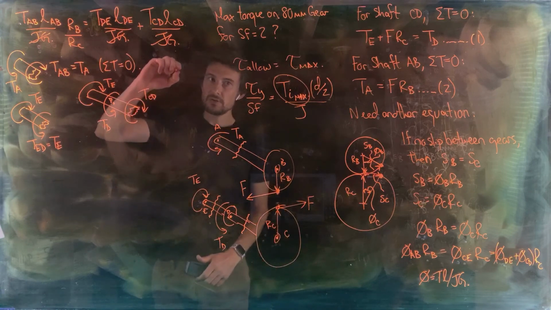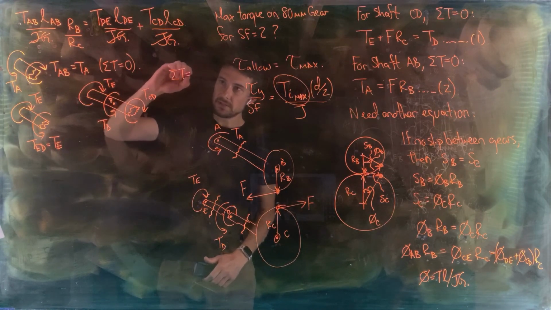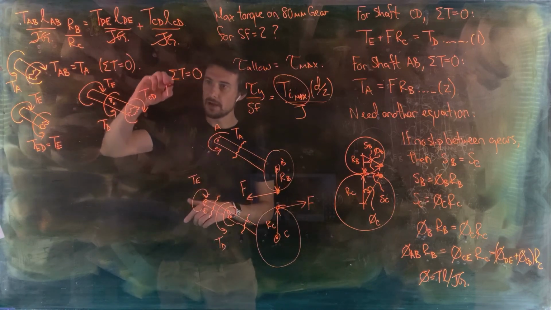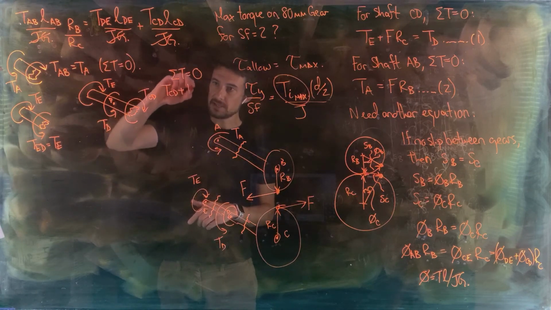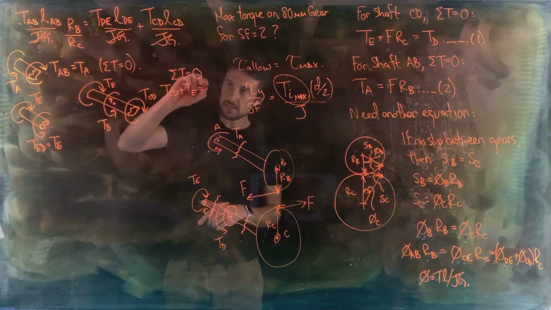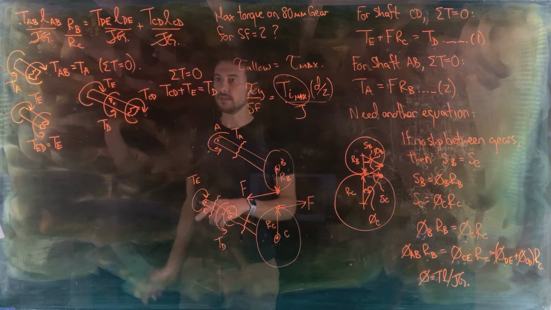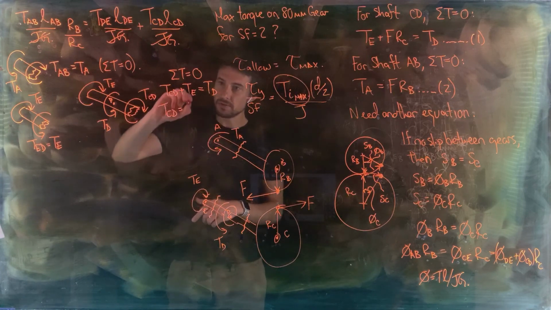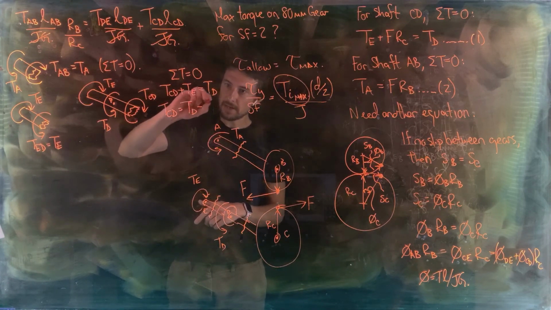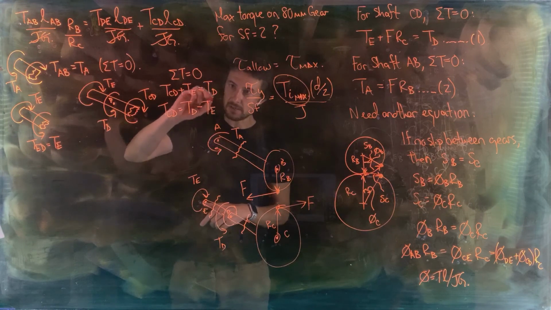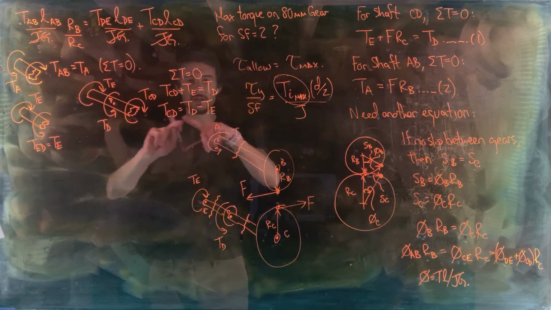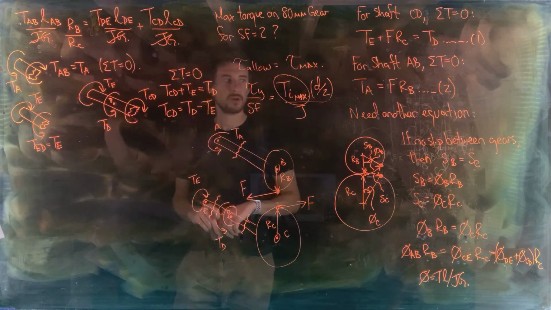And if we do sum of the torques is equal to 0 for this free body diagram, then we have TCD plus TE has to be equal to TD. So TCD is equal to TD minus TE.